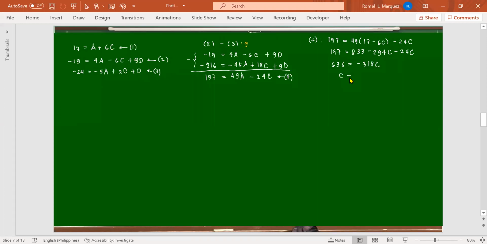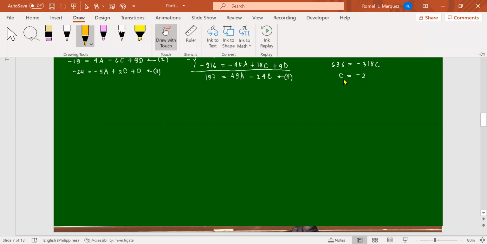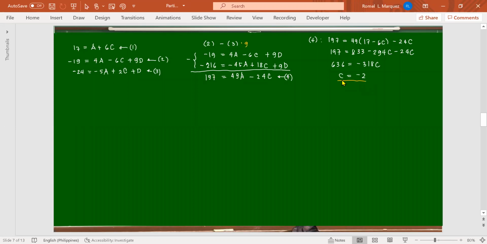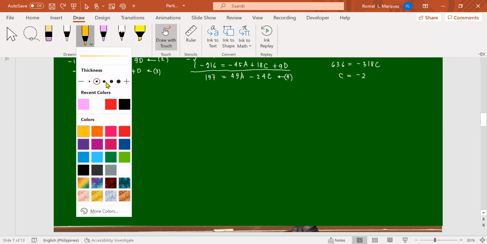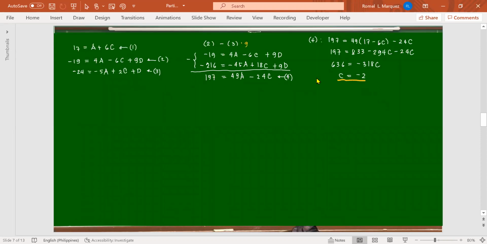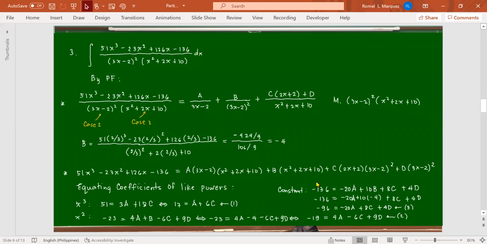So what is C? 636 divided by negative 318. So we have negative 2. Okay. So let's mark that. Let's mark this value. So we have already obtained one of them. I think it's the second one. We have already B, right? We have already B here. Where's that? So this is the value of B.